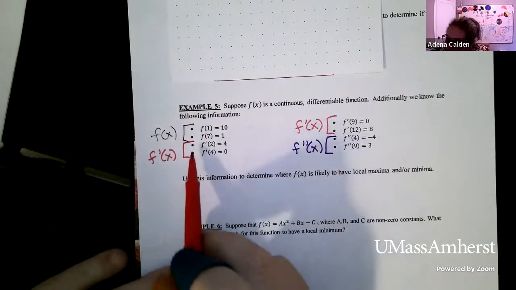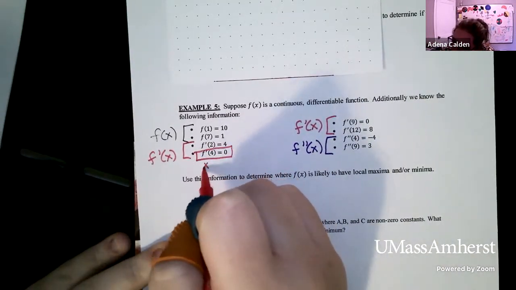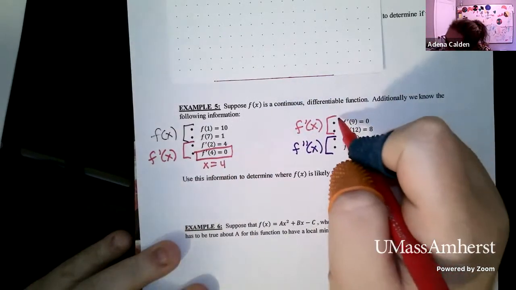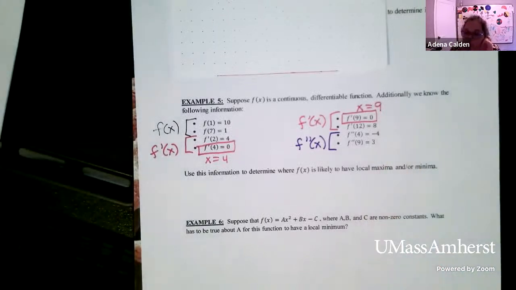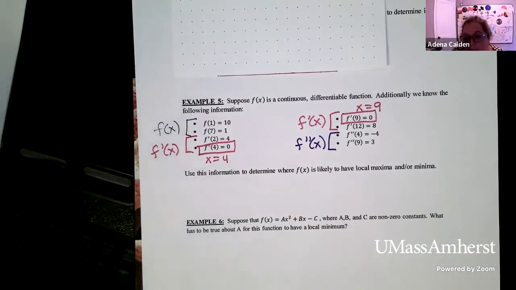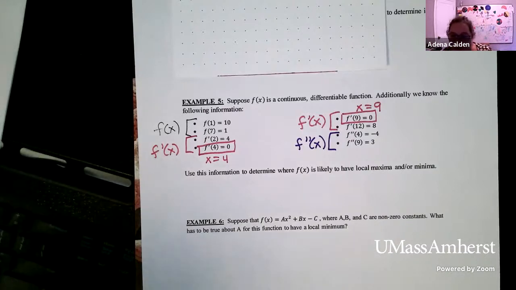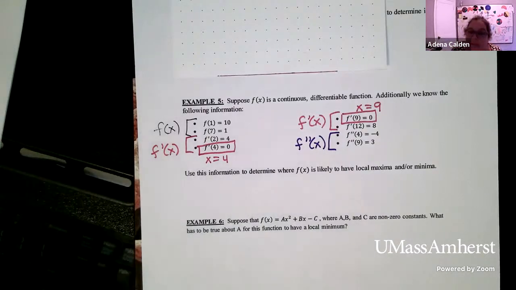So we go to the first derivative information, and we see that that happens when x equals 4, and also when x equals 9. So there's 2 places that we have critical points. Those are the places where we could potentially have local maximums and minimums. There's not any other information in the first derivative that would indicate anywhere else that we might have a critical point.